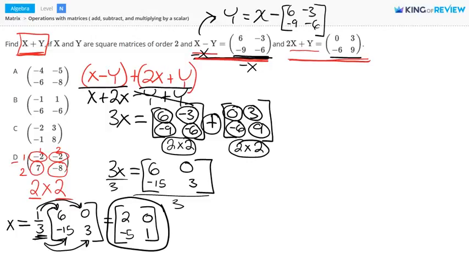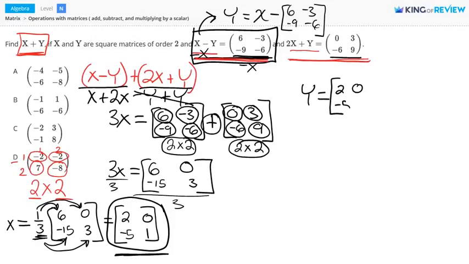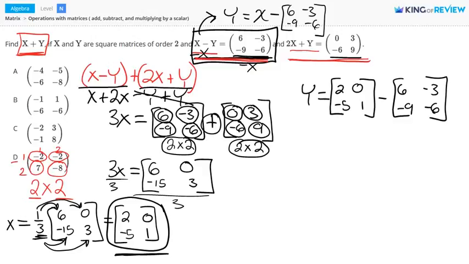All I did was rearrange this equation for y. So I have y equals matrix x, which we already solved for, that's 2, 0, negative 5, 1, minus this matrix here, which is 6, negative 3, negative 9, negative 6.